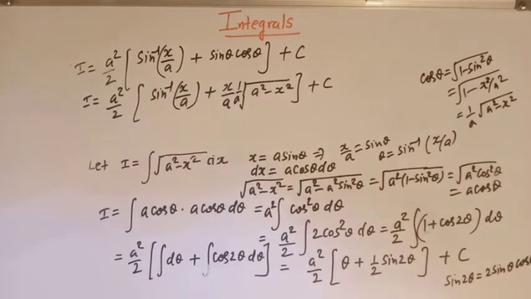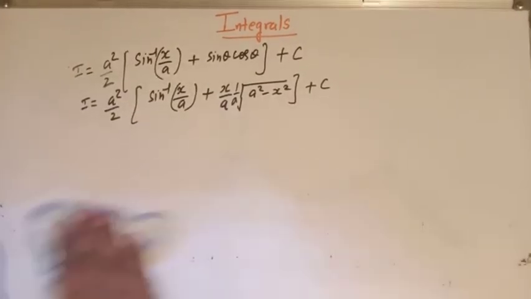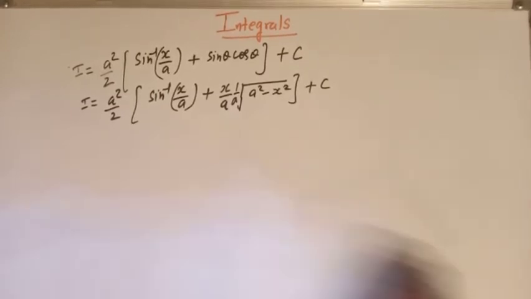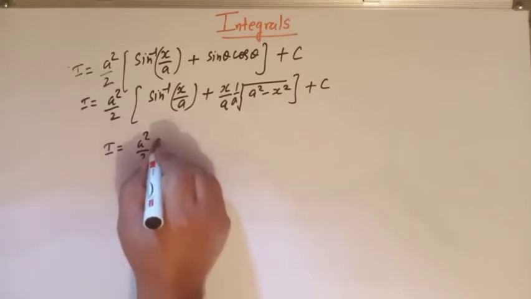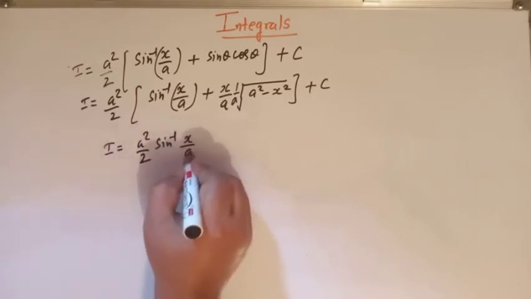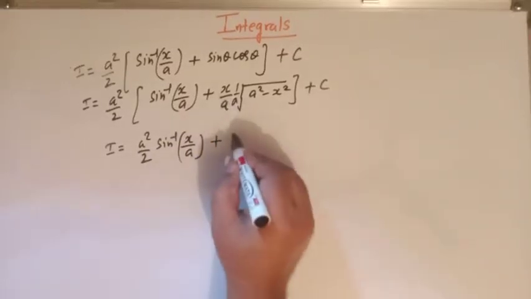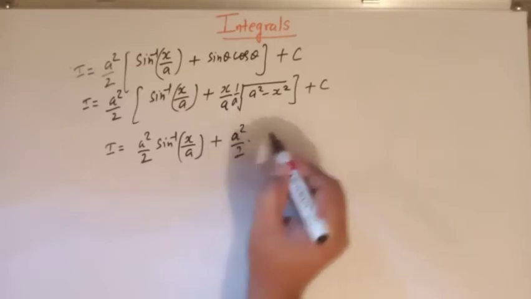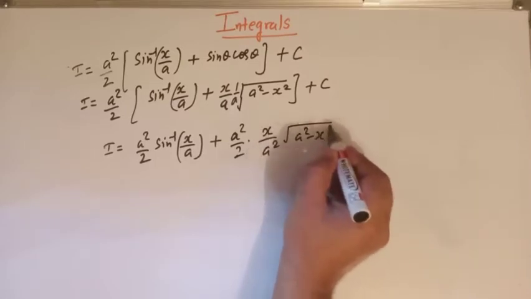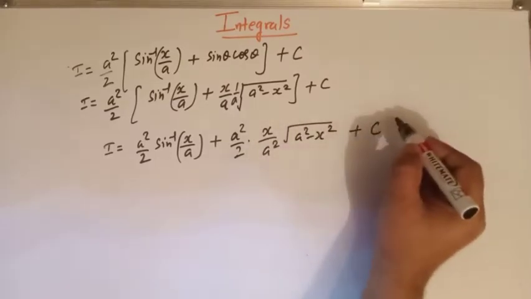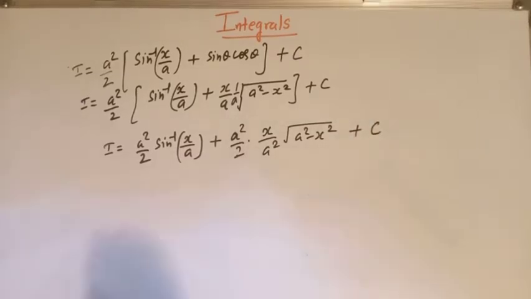Clear? Now simplifying this expression, I is equal to a square by 2 sine inverse x over a plus a square by 2 times x over a square times square root of a square minus x square plus the constant of integration c. Clear?